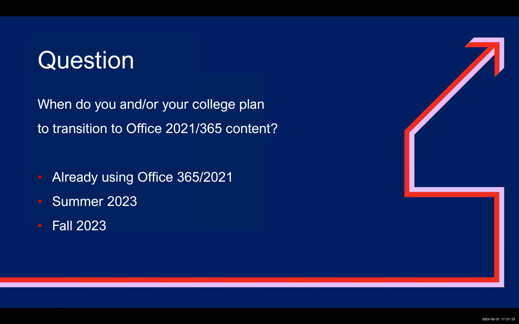Are you planning on moving in the summer, in the fall? Or if you're personally using it, what's your plan? Are you planning on upgrading? Are you currently using 365? You can put in chat what you're currently using on your personal computer, or if you're teaching it, what version you're teaching.